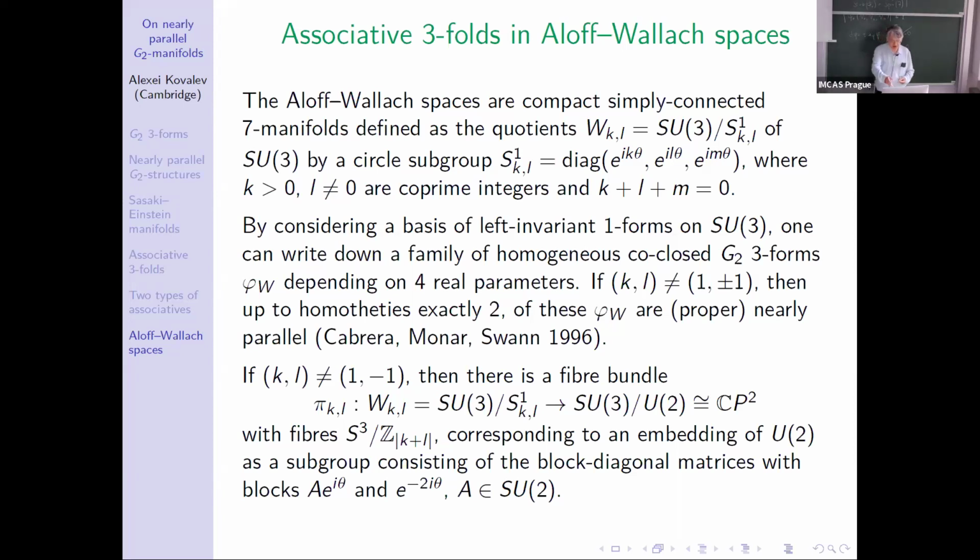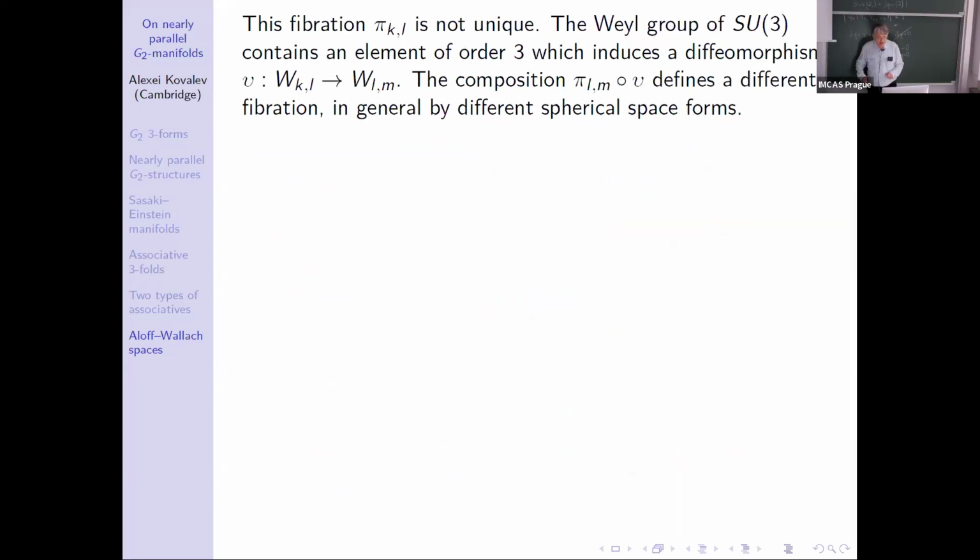Right, and then it's easier to see that we get this well-defined map pi. It turns out to be a fiber bundle. Fibers are spherical space forms, a quotient of S3 by a finite cyclic group, which depends on the parameters K and L in Aloff-Wallach spaces. So that's in all cases except this 1, -1. I'll tell you about that exceptional case a bit later.